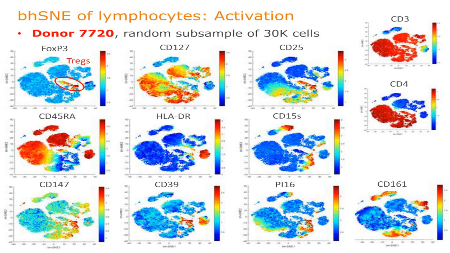So we're looking at the same Tyznik from donor 7720 and looking at CD3 expression. Now we see all of those red clusters in the right-hand corner here, okay? So wherever it's red, those are going to be most likely a T cell. And so we can maybe start to make some conclusions about the data, about what other clusters could be, but I don't know specifically what they are.